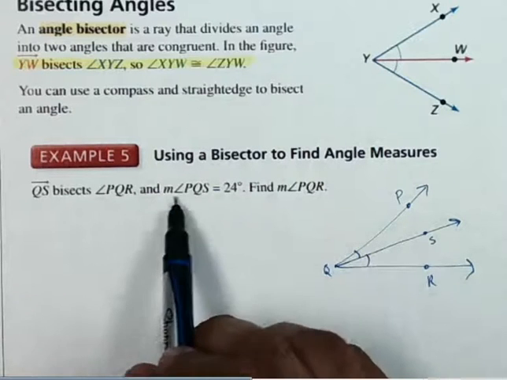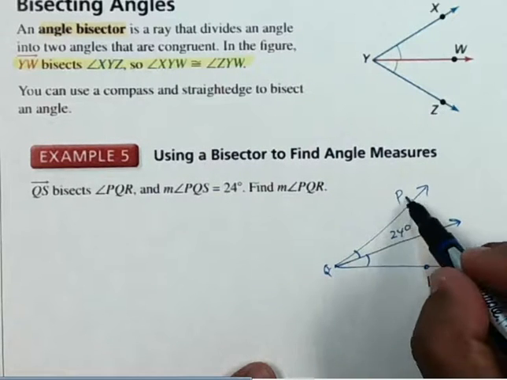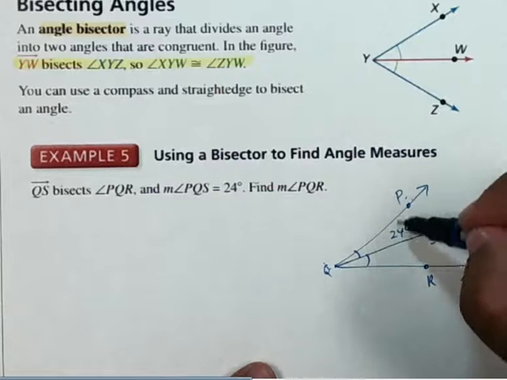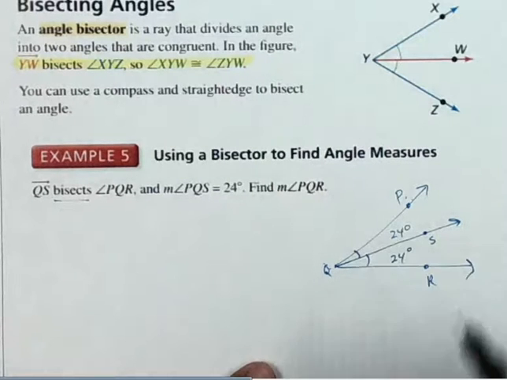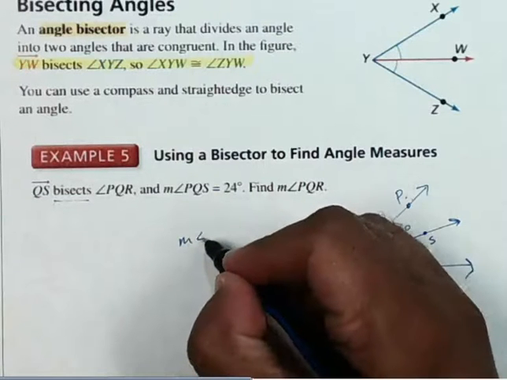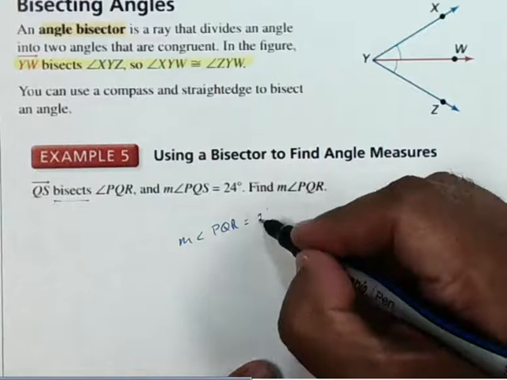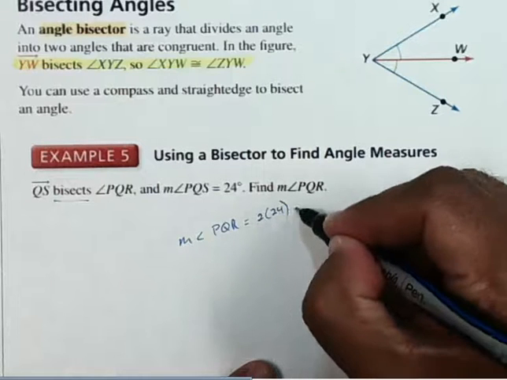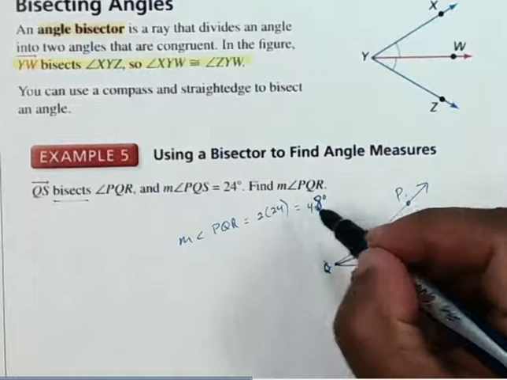I know that PQS is 24 degrees, and I want to find PQR. Well, if this part is 24 degrees, because it's a bisector, this angle here is also 24 degrees. So if I want the measure of angle PQR, I would just double my measurement, so that would be 24 times 2, and that would be 48 degrees. That would be my answer.